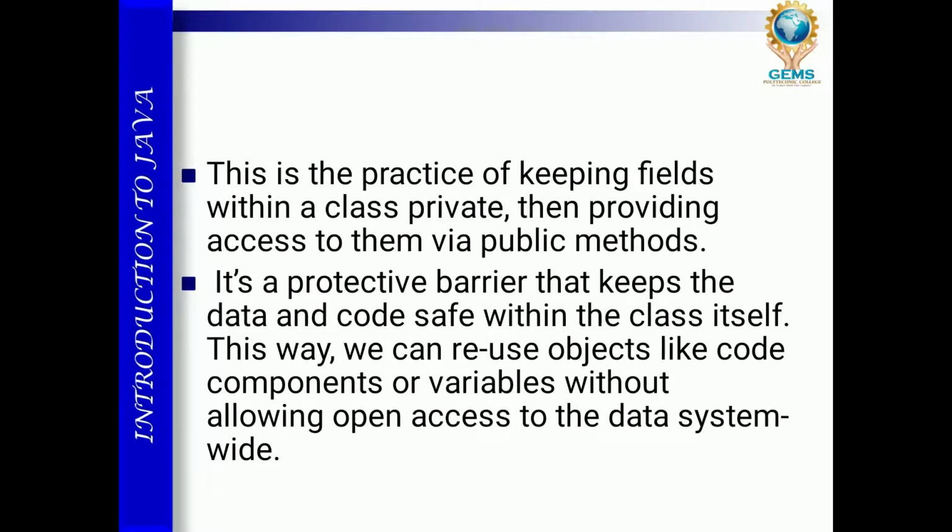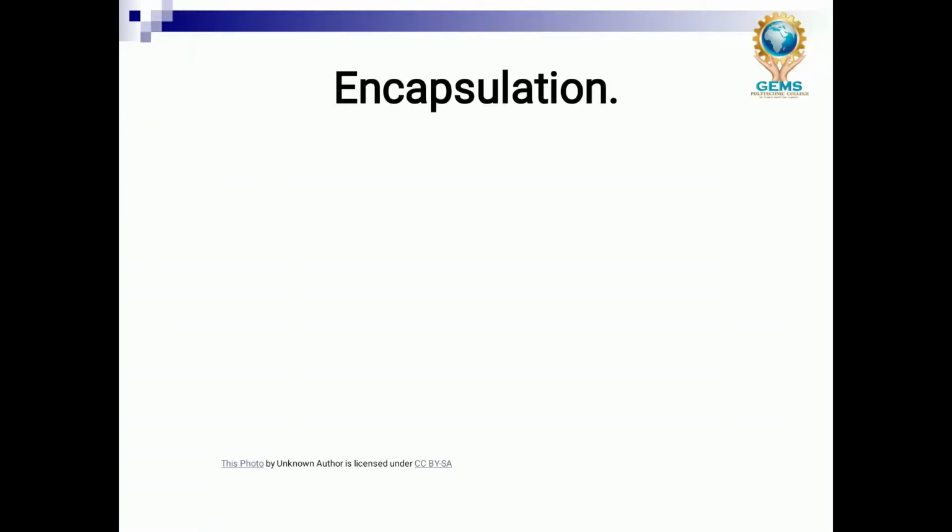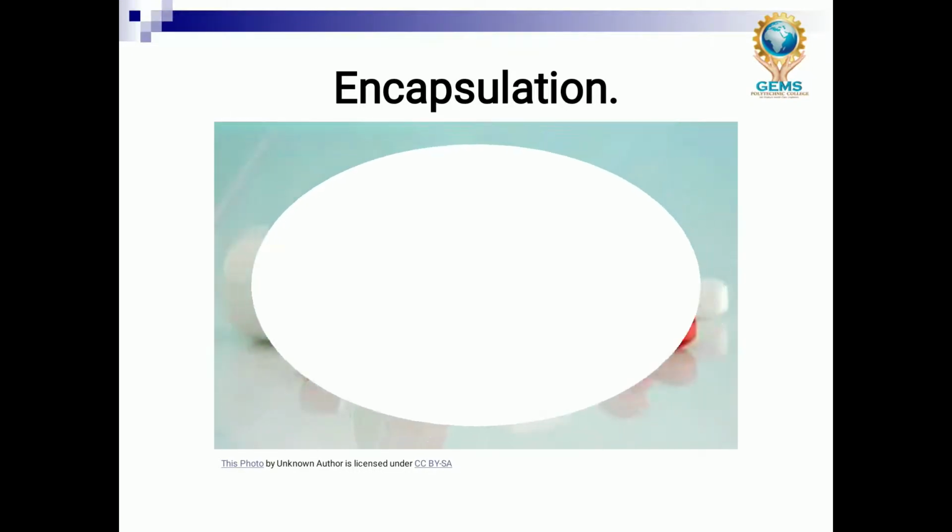This is the practice of keeping fields within a class private, then providing access to them via public methods. It's a protective barrier that keeps the data and code safe within the class itself. So, as already told, Java provides the security. Encapsulation provides the security for your data. So this is the actual main point. What is encapsulation?